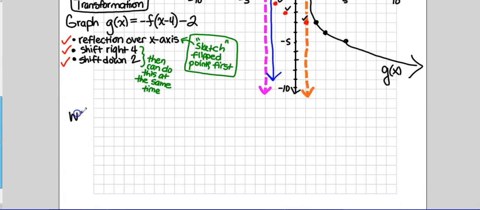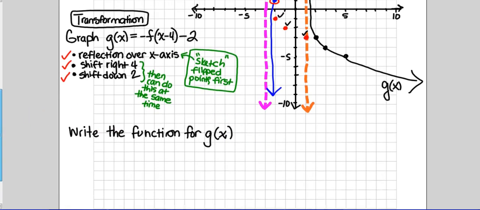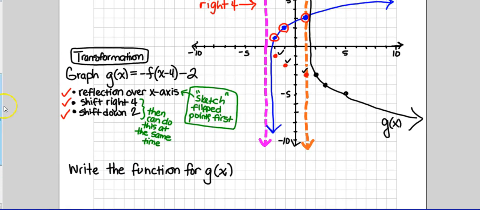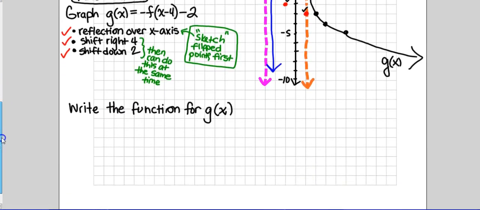Let's now write the function for g of x. We graphed it, but what is its function? Let's consider what we started with first.